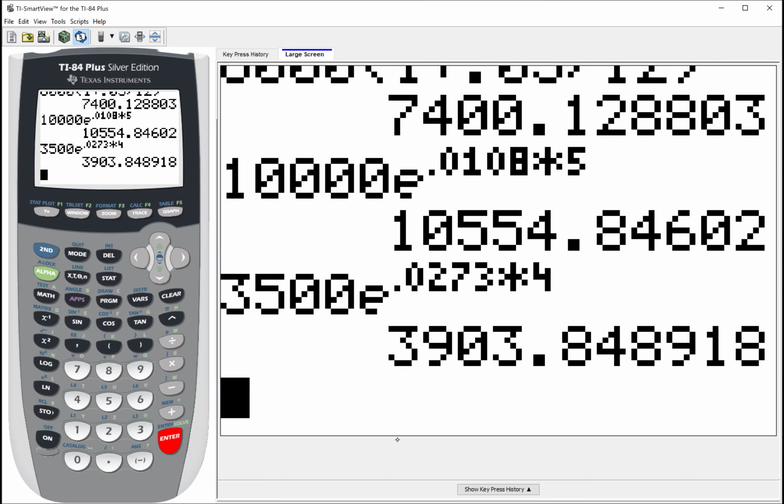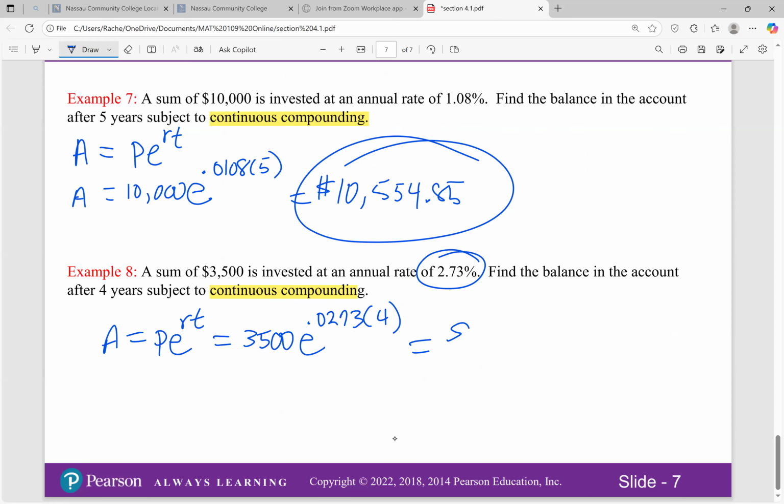So this is going to be about $3,903.85 we would have in our account after 4 years at an interest rate of 2.73% if the interest was compounded continuously.